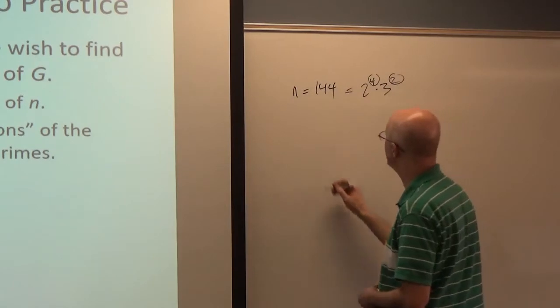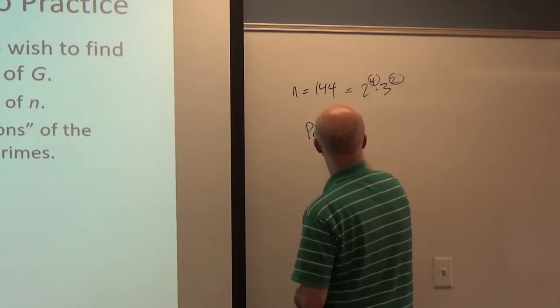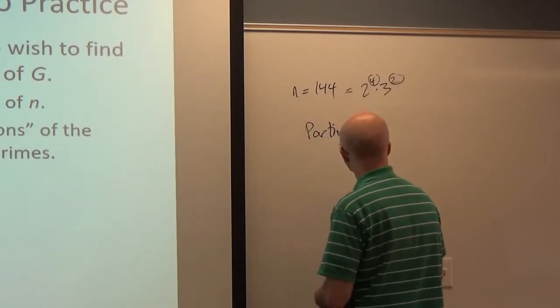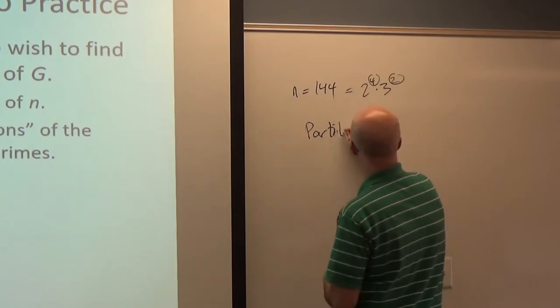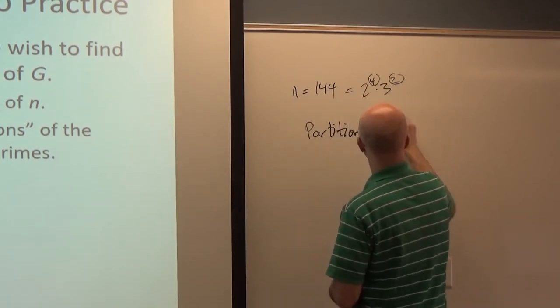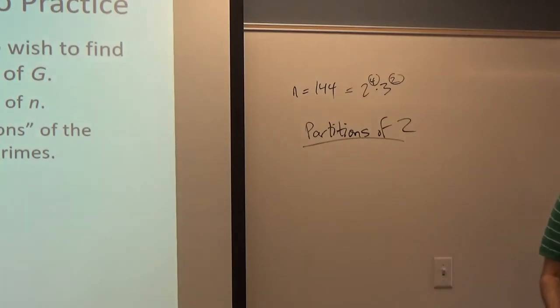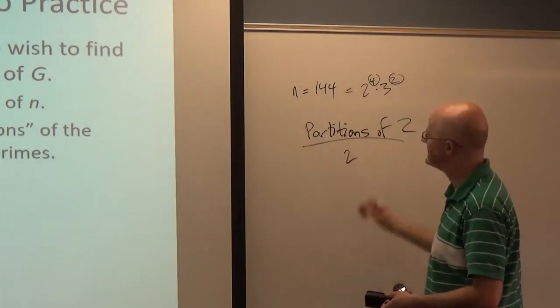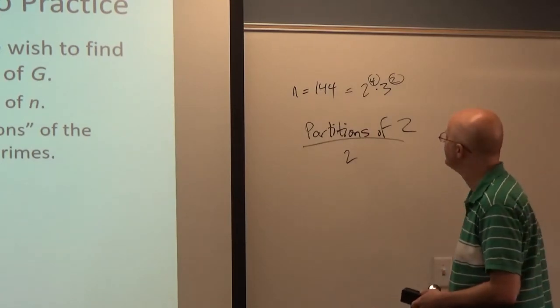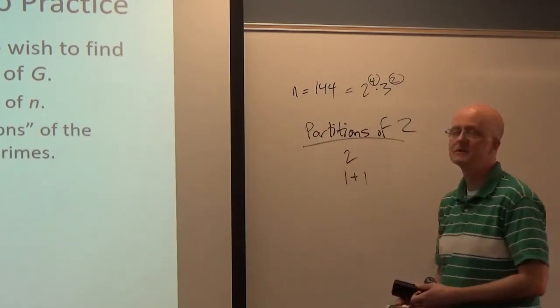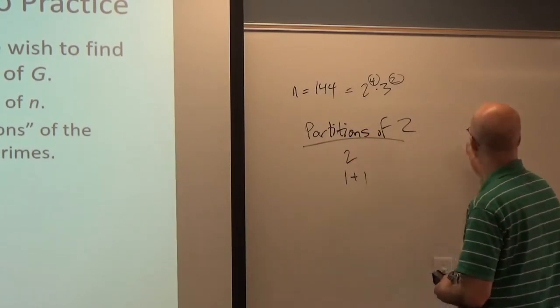What do I mean by that? The partitions of 2 consist of those sums of positive integers that give you 2. Well, there's 2 itself, a sum of one thing, and there's 1 plus 1. So there are 2 partitions of 2.